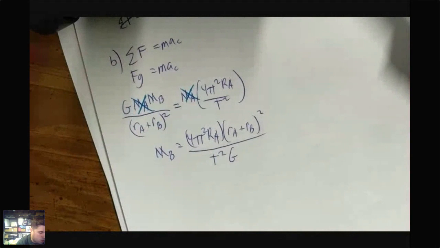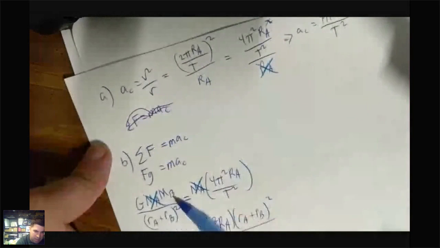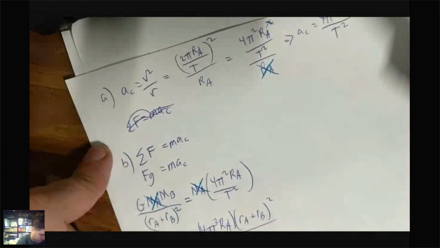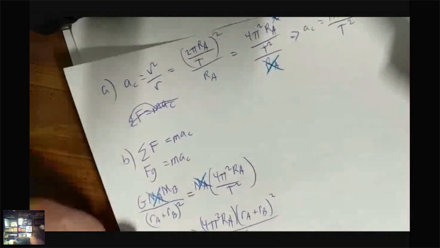So now, where do we go from here? Part C says to find the mass of star A, which kind of makes me think, are we just really repeating part A and part B again, but for the other star? And I think that's kind of where we're going with this.